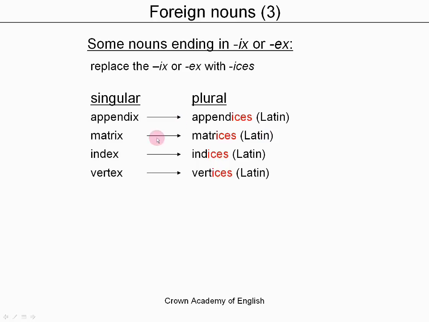And again, these are Latin words. They are from the Latin language, and so we follow the Latin grammar rules in the plural for these words. There are perhaps a few other examples as well, but these four are the most common. There are maybe another four or five examples in the English language, but nothing too important, okay?